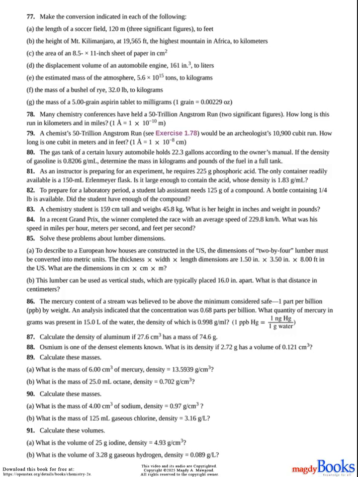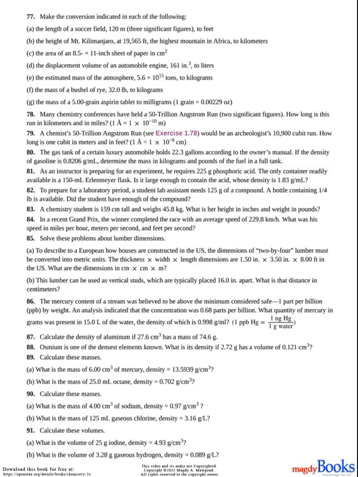Calculate the density of aluminum if 27.6 centimeter cubed has a mass of 74.6 gram. 88. Osmium is one of the densest elements known. What is its density if 2.72 gram has a volume of 0.121 centimeter cubed?